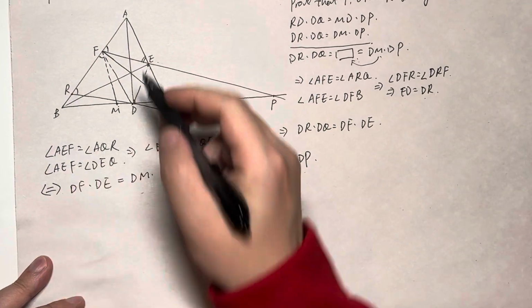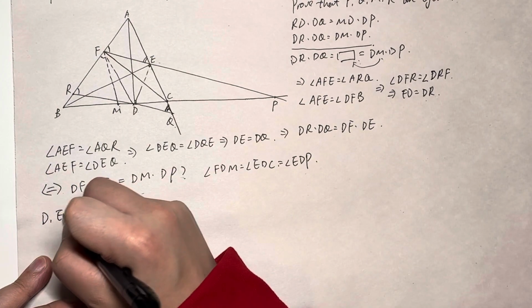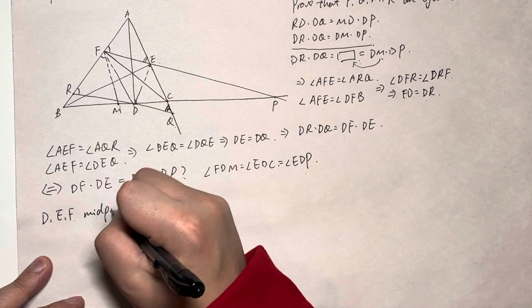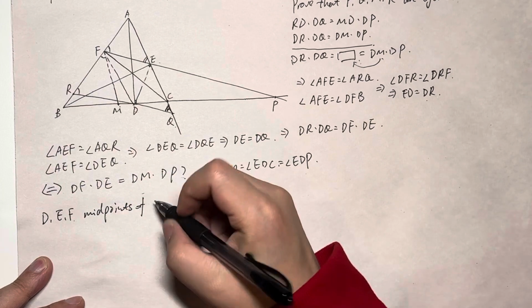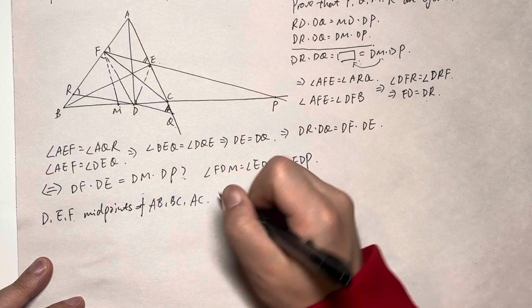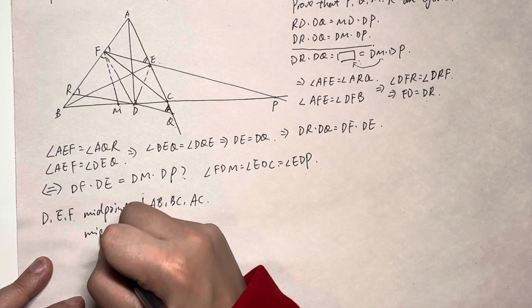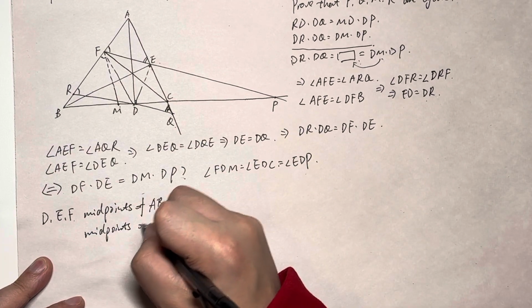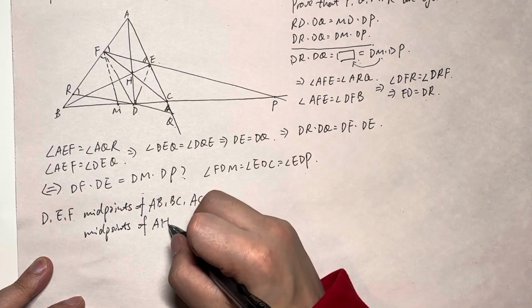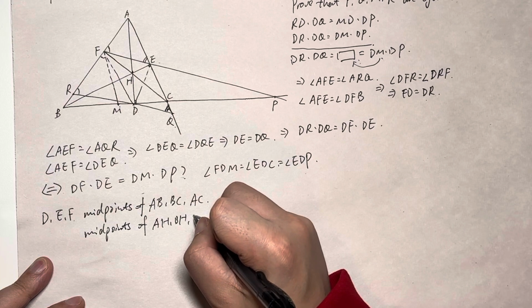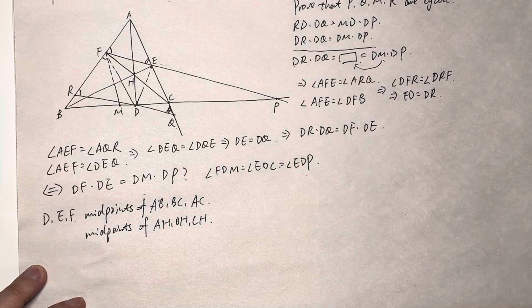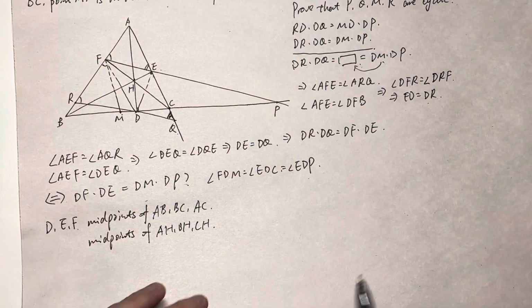In a triangle ABC here, the DEF, which are the foot of the altitudes, and the midpoint of 3 edges, AB, BC, AC, and the midpoint of, so the orthocenter is H, right? The midpoint of AH, BH, CH. These 9 points are cyclic, right? Okay, let's just use this for now.